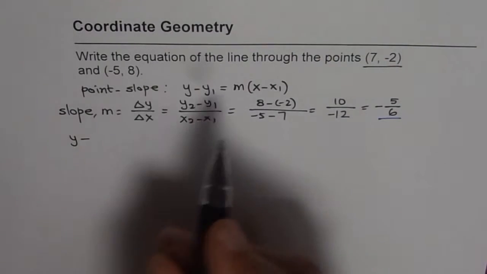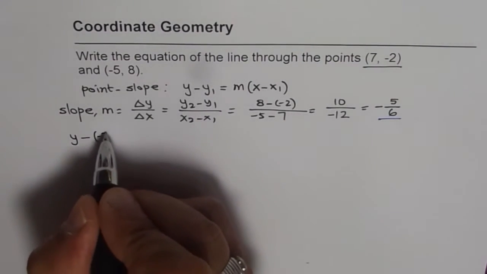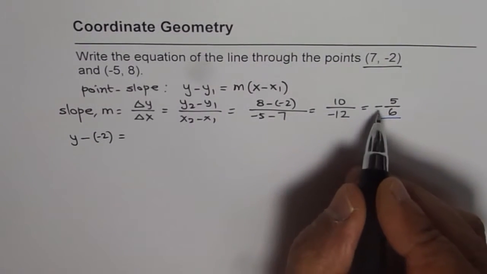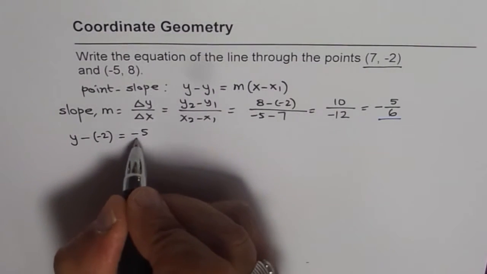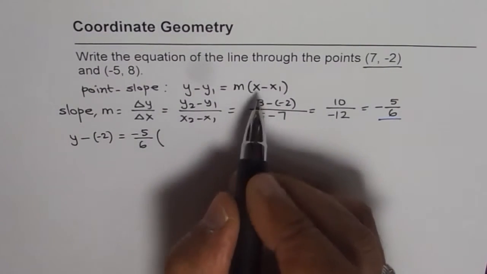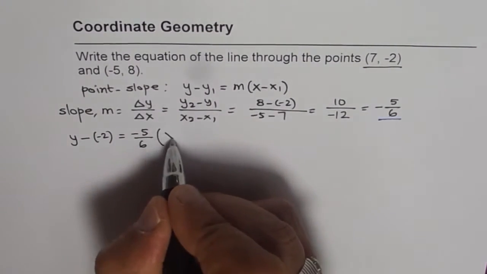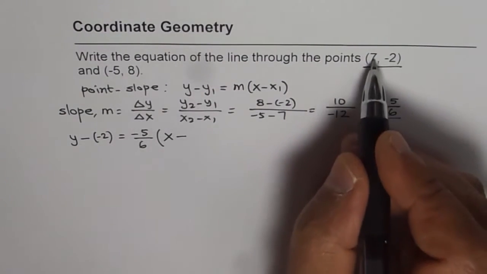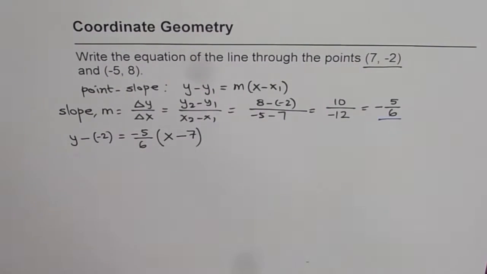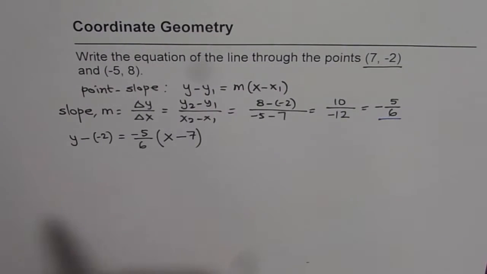So y minus minus 2 equals slope minus 5 over 6 times x minus x1, and the x value is 7. Correct?